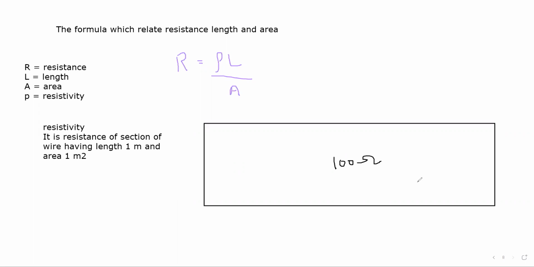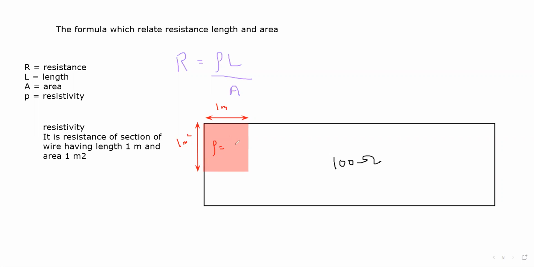But what is the meaning of resistivity? Resistivity means a section of the wire having a length of 1 meter and a cross-sectional area of 1 meter square. The resistance of this part is what we call resistivity.